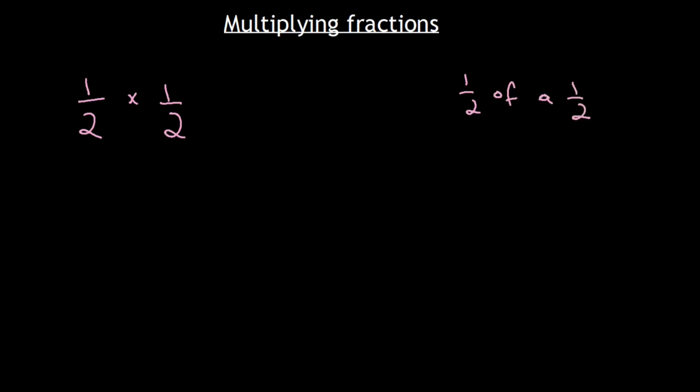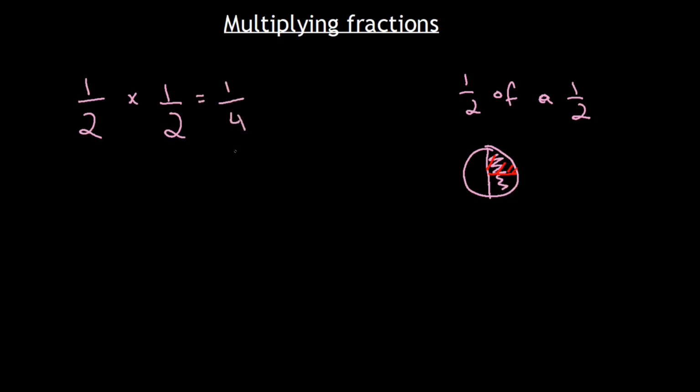In other words, if I had a pizza or a cake, and this is my half, and I'm trying to work out what a half of this half is. What's half of that? So the way we work it out is we actually split it up. So we say, half of it, that's about half of it, okay? So it's a quarter. So what we do is we say a half times a half makes a quarter.